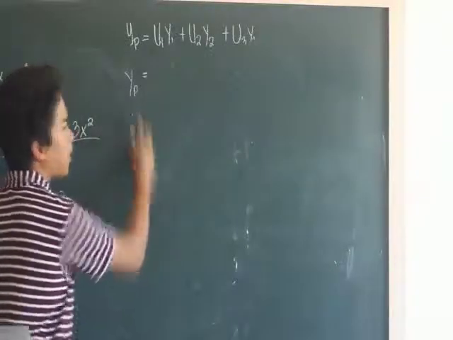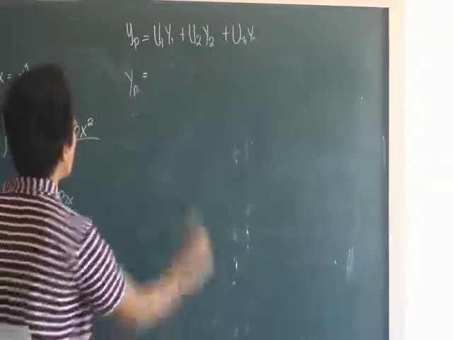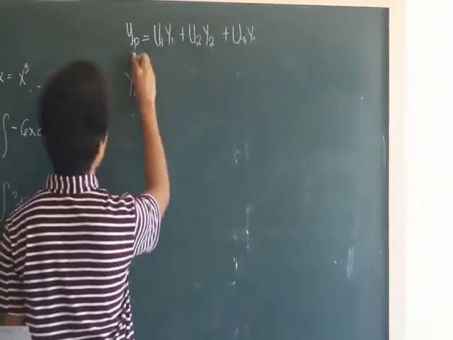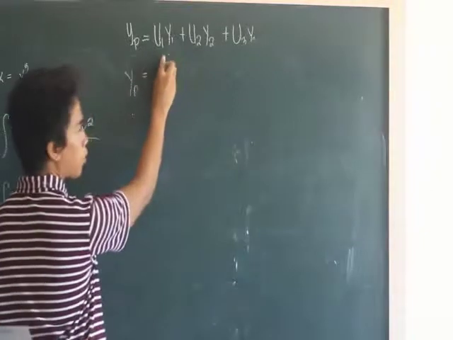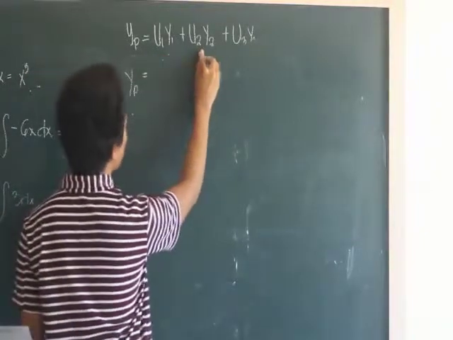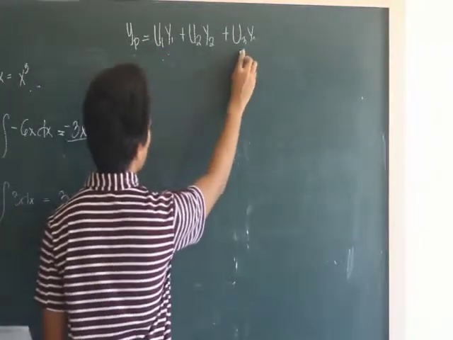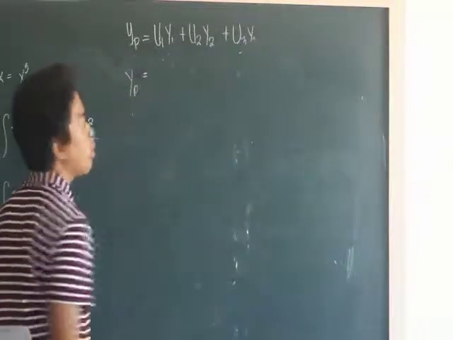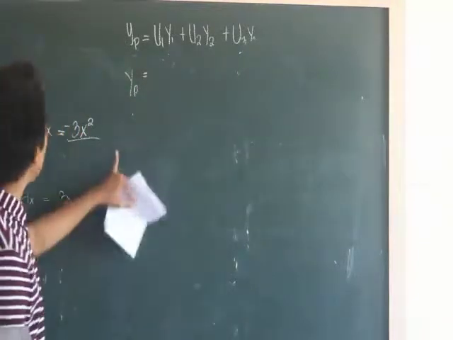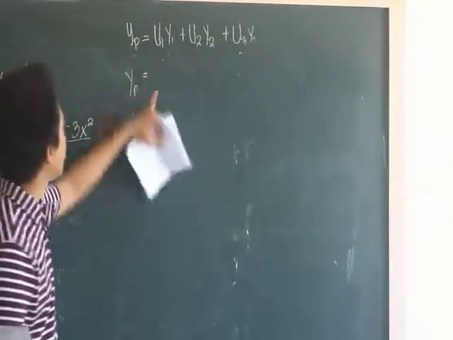And now, to get the particular solution, remember yp is equal to u1 times y1 plus u2 times y2 plus u3 times y3. So we only need to substitute the values we solved for u.